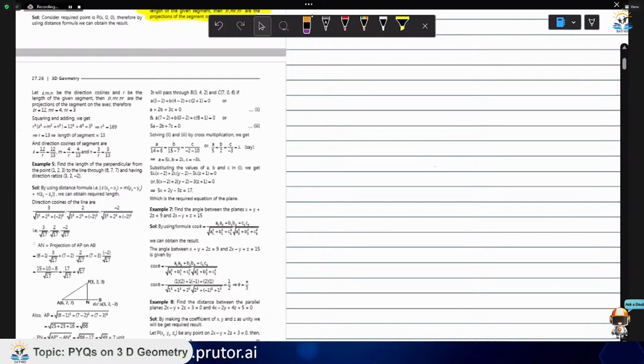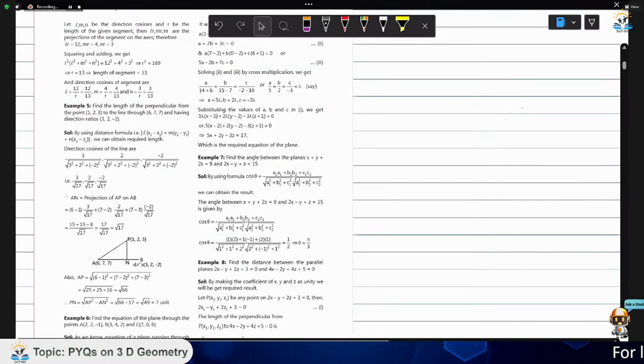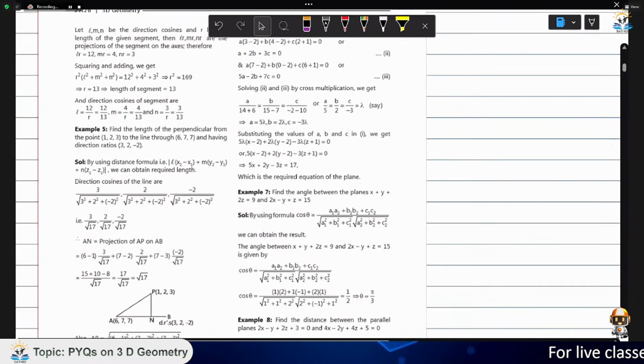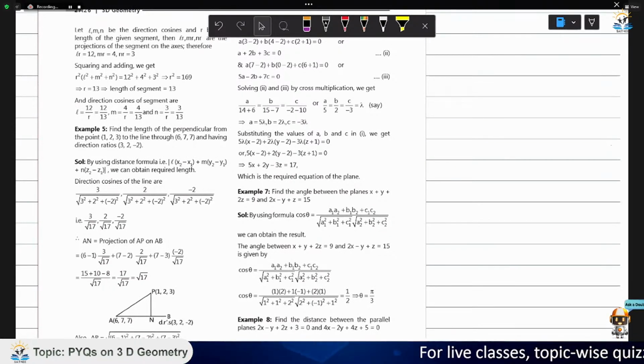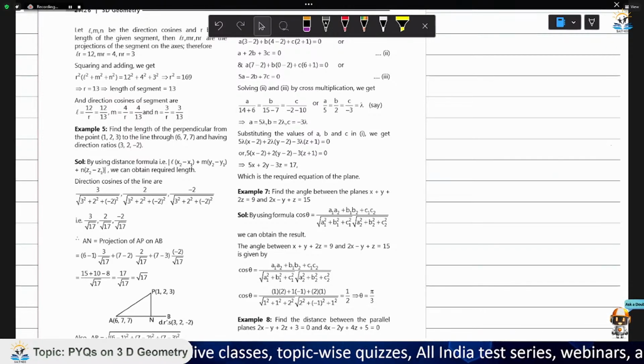Moving to the next question, number 5. It says, find the length of the perpendicular from the point 1, 2, 3 to the line having these direction ratios. One thing to remember is that when we know the direction ratios, we can easily find the direction cosines.